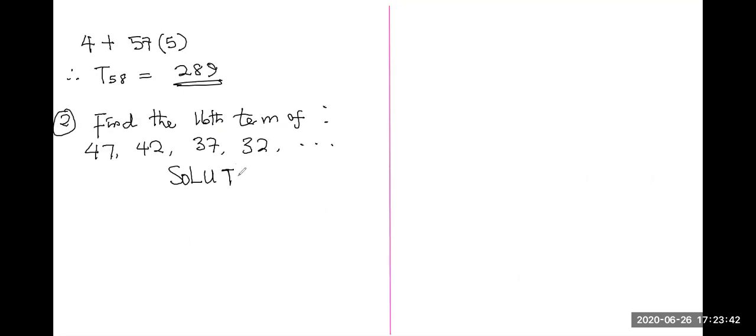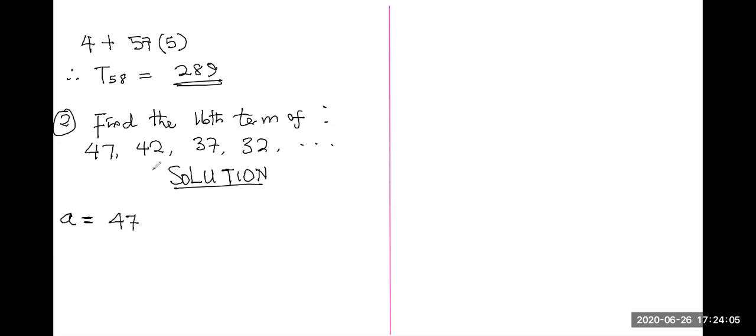All right, example 2. The first thing we do is to examine the set of numbers to see what type of sequence we are having. 42 minus 47 is minus 5. 37 minus 42 is minus 5. So it is an arithmetic progression. So a, our first term, is 47.